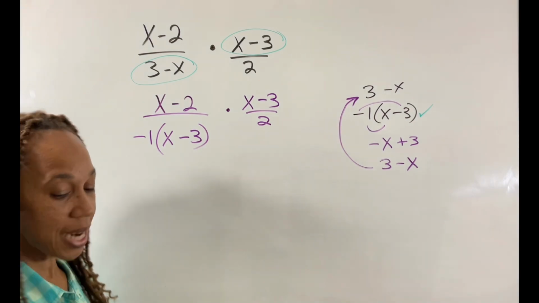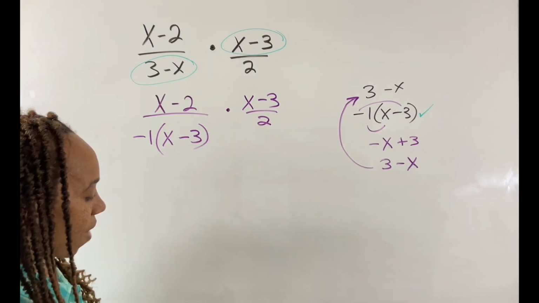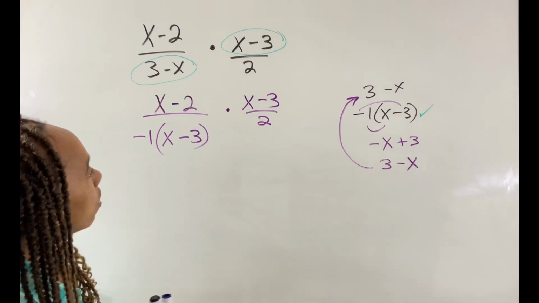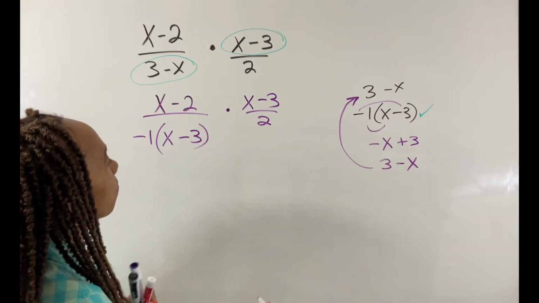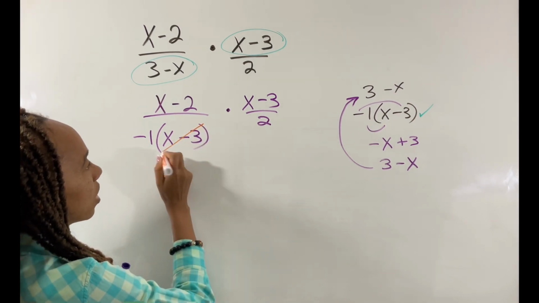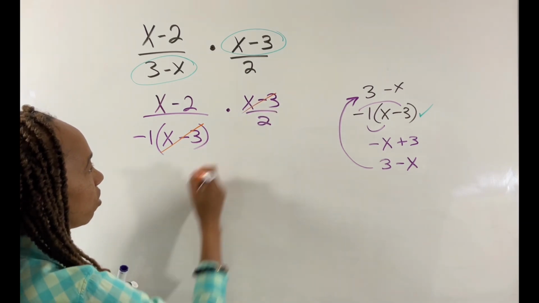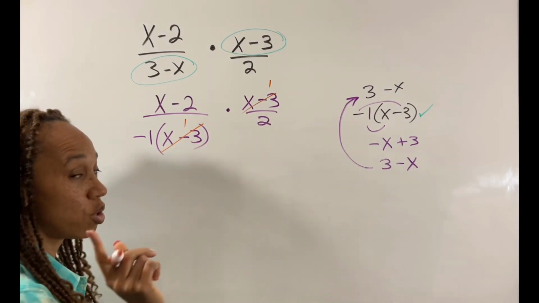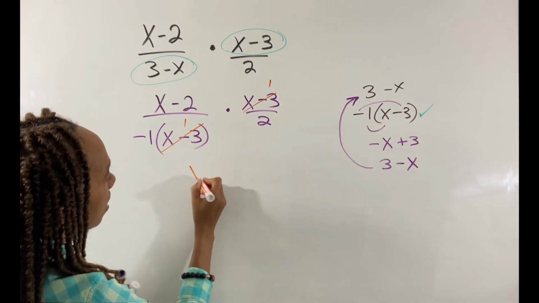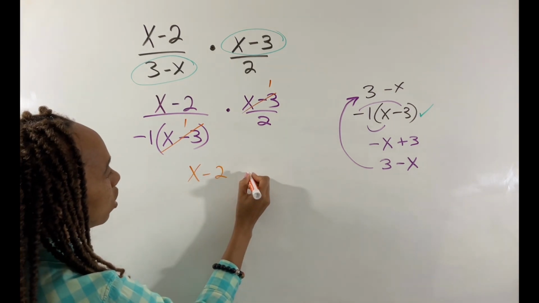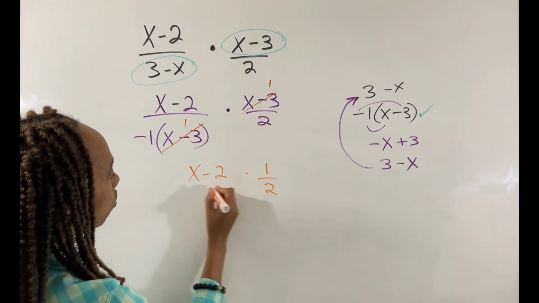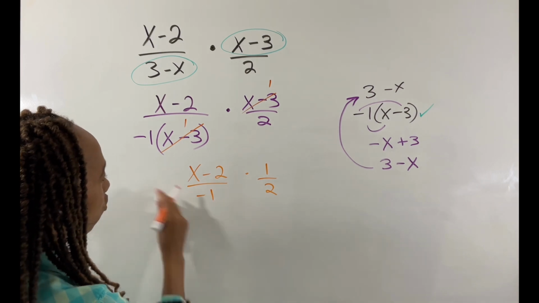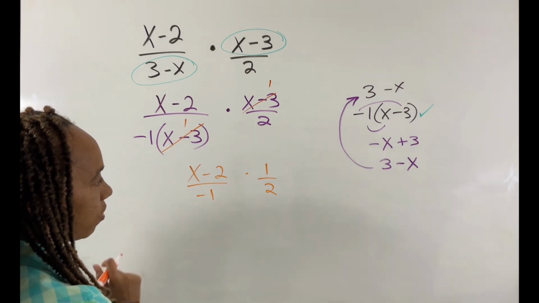So let's continue now. I have my factors here. I can cancel this out and cancel that out. Put your 1 there, put your 1. Don't forget to do that. So now you're left with x minus 2 times 1 over 2, and this is over negative 1, because negative 1 times 1 is negative 1.